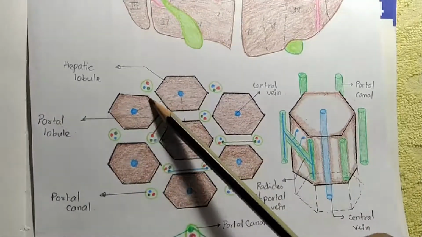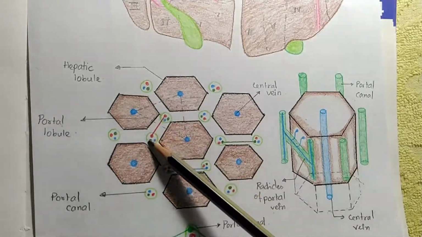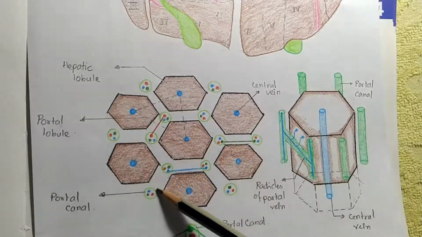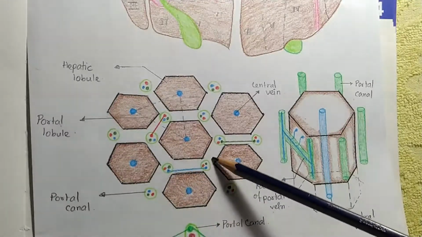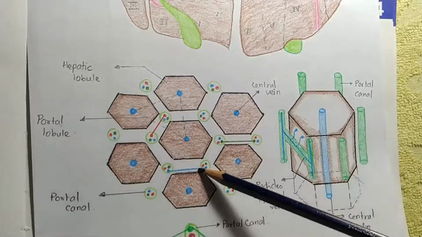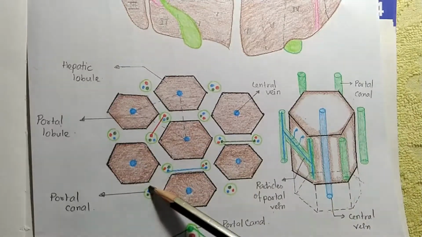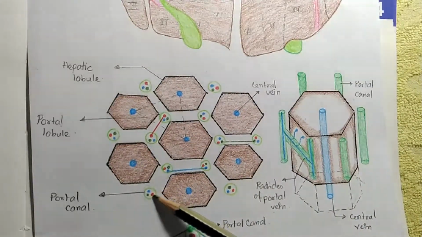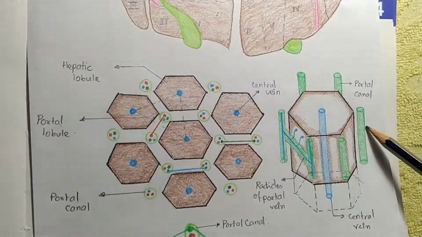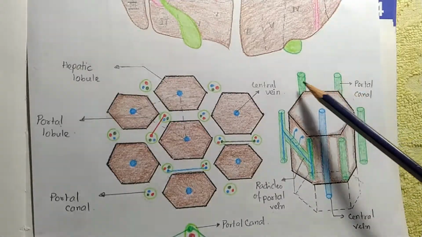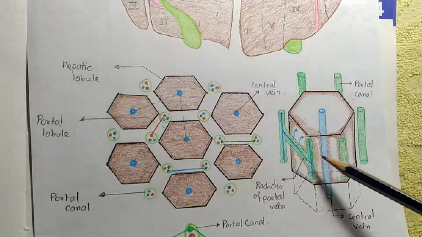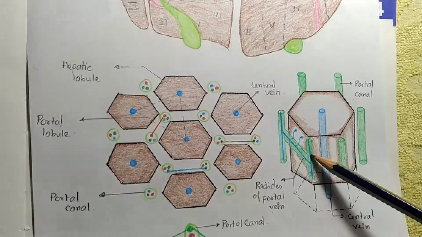And what are the rounded structures at each corner of the hexagon? They are called the portal lobule. Sorry, the portal canals. These are the portal canals that are present at each hexagonal area, and they are connected with each other.